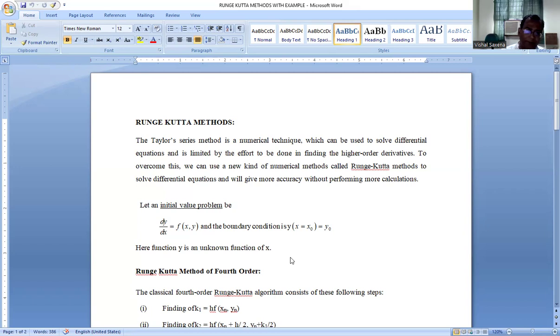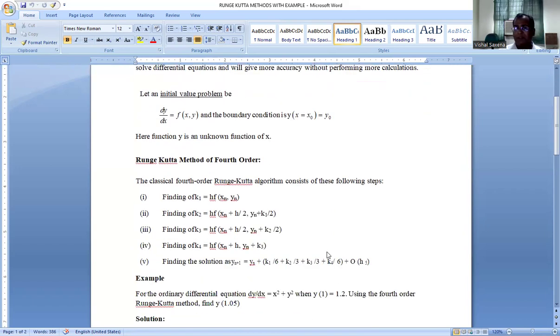So what is the Runge Kutta method? There are certain steps to follow, and finally we use a formula to find the value of the solution. Initially we find the term K1, next K2, then K3 and K4. K1 is equal to h into the function f(xn, yn).